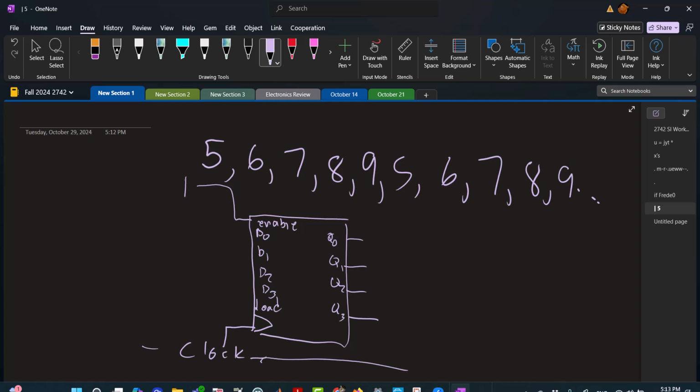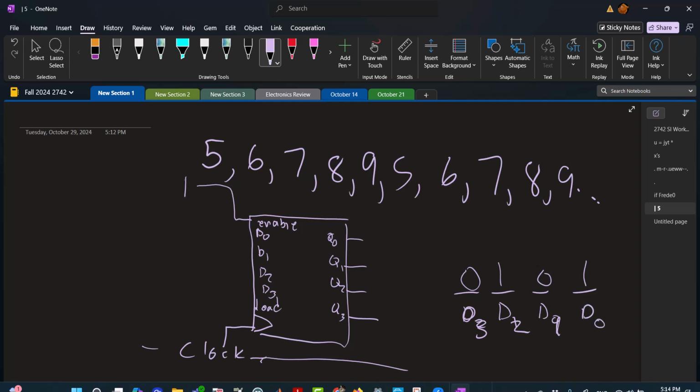Okay, and then when it starts its sequence, it's loading the number 5. So we want to see what 5 looks like. 5 is 0, 1, 0, 1. This is D3, D2, D1, D0.